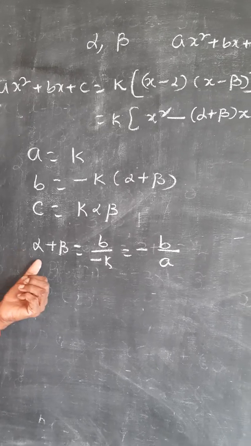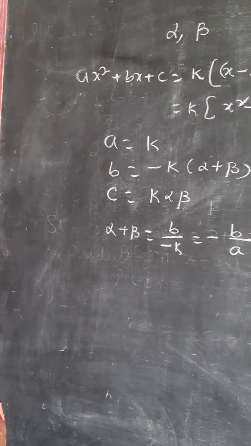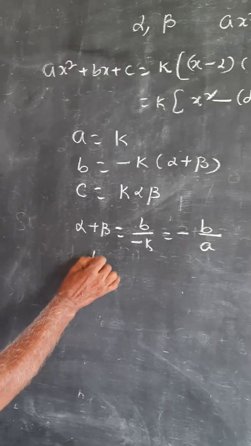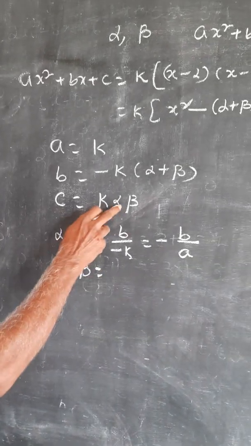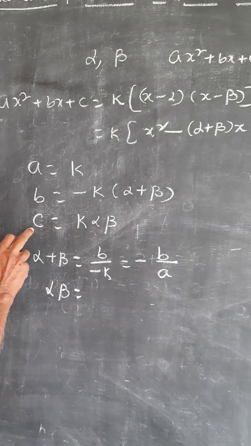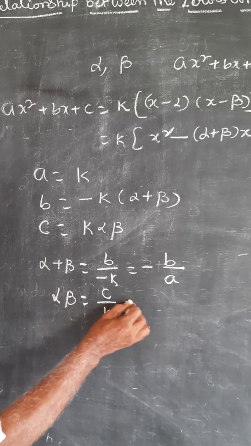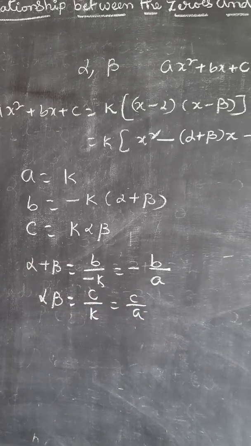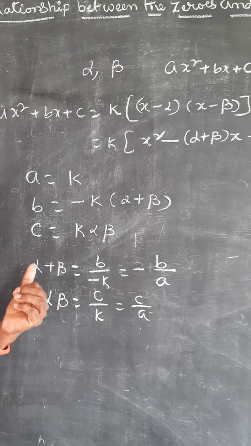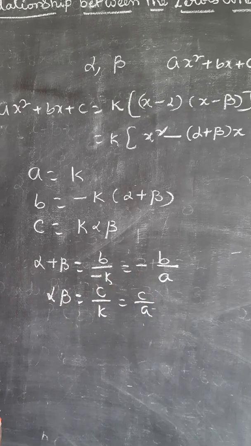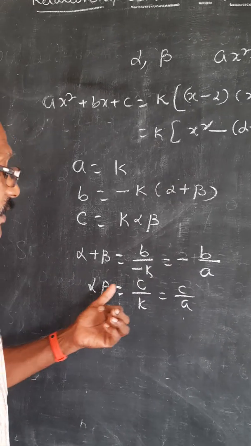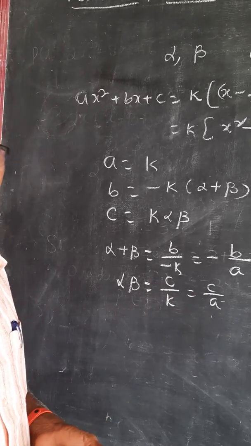The first formula: the sum of the zeros alpha + beta = -b/a. Next, the product of the zeros alpha beta, from the third equation, is c/k = c/a. So the two formulas are alpha + beta = -b/a and alpha beta = c/a.